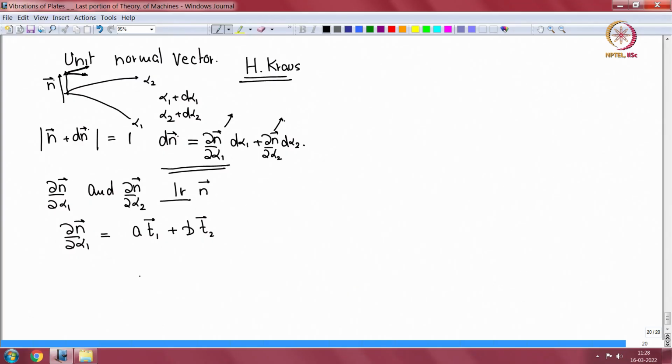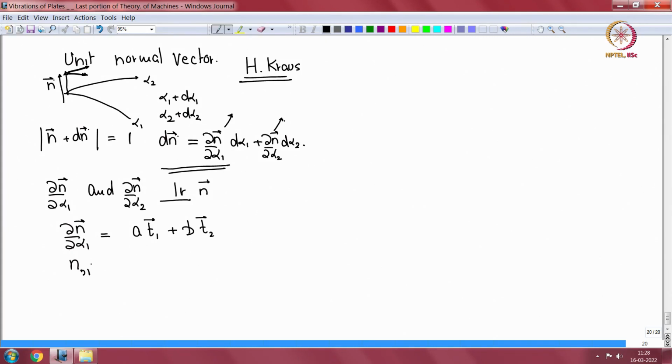Okay. So, let us see now, del n by del alpha 1 is this. Now, if we use the notation, del n by del alpha 1 is n comma 1.